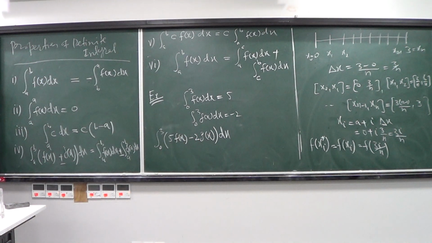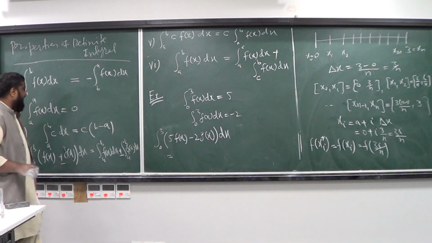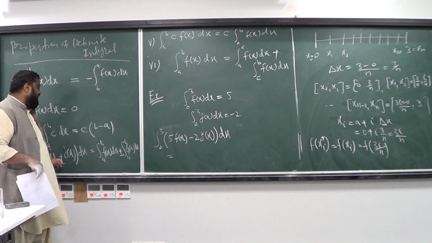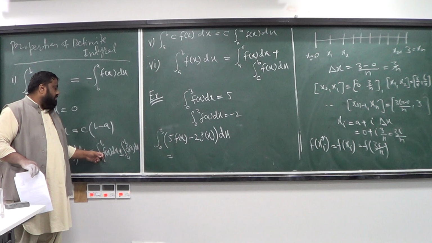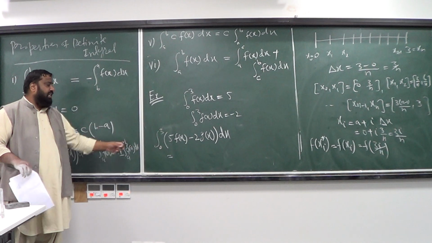Okay? So in other words, 5 times f of x minus 2 times g of x. In order to compute this integral, I can apply the properties. The first property is that if you have a sum of two functions, the integral is the same as taking the sum or the difference of the integrals.